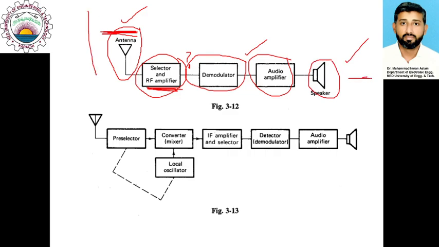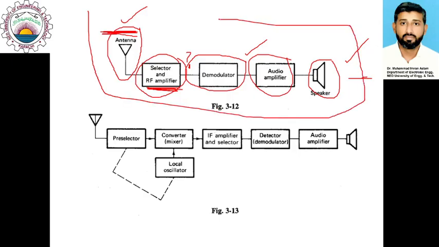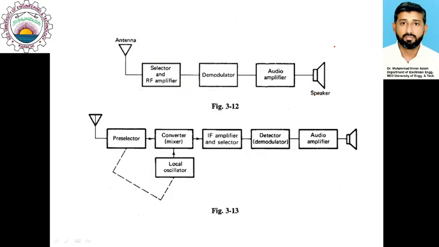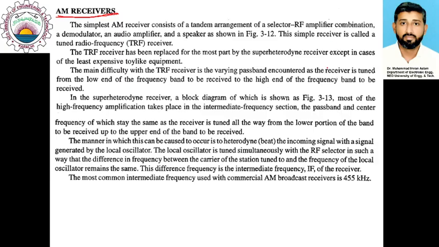So this is the basic implementation of an AM receiver, where you have these 4 stages before the overall signal is delivered to the destination. However, there is another implementation which is more commonly used, called the super heterodyne receiver.